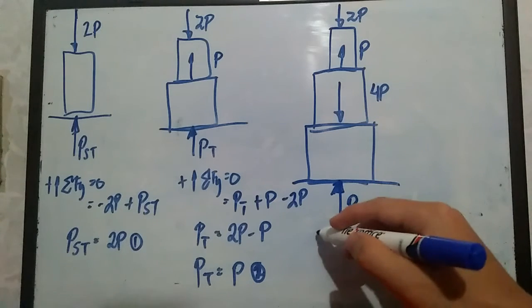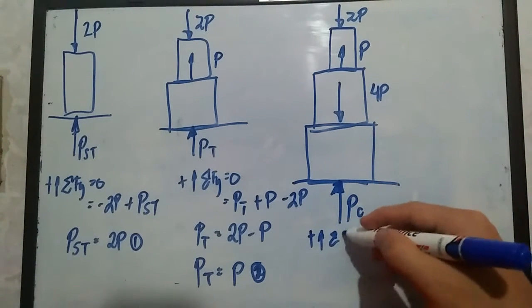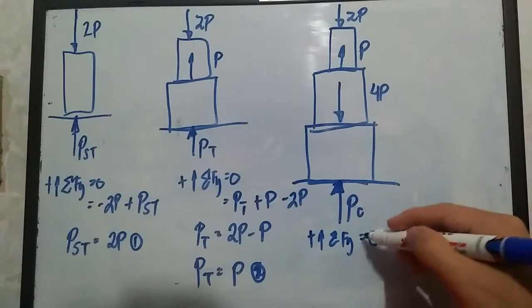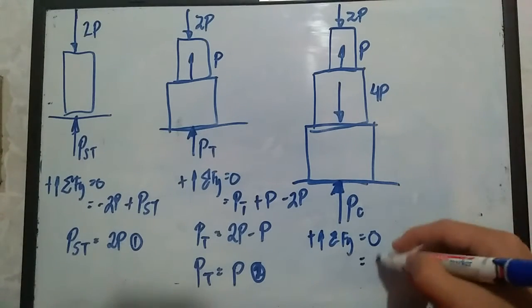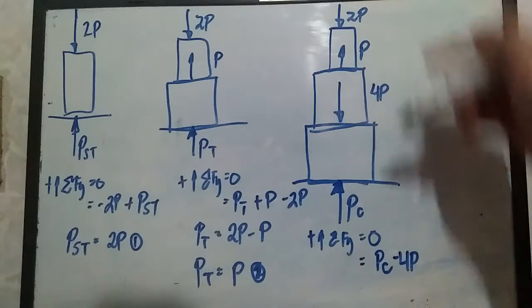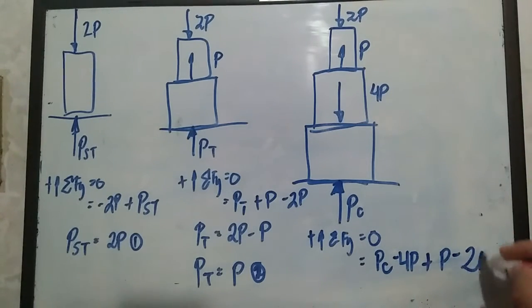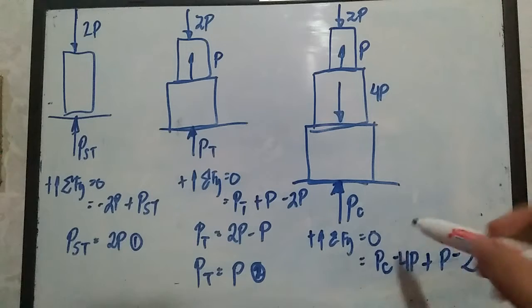So summating all of those forces along the vertical axis, going up is positive, summation of forces along y is 0. So P sub c minus 4P plus single P and then minus 2P. Then isolating P sub c.